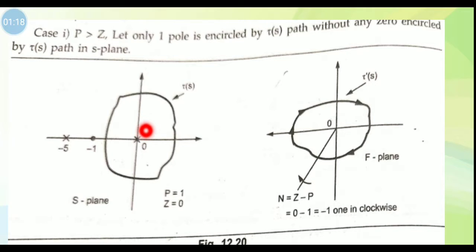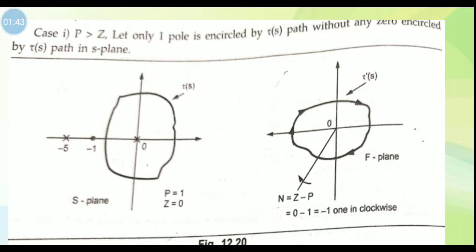The zero is outside the circle and this pole also is outside the circle. And number of poles are 2, zero is 1, so P is greater than Z. So P is 1, Z equal to 0 inside this Γ'(s) path.